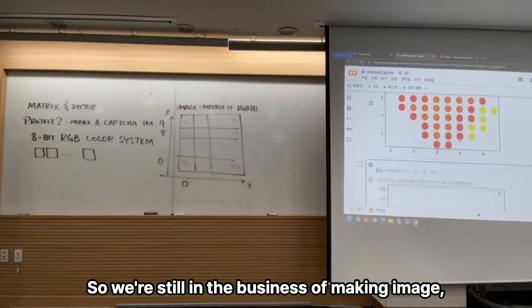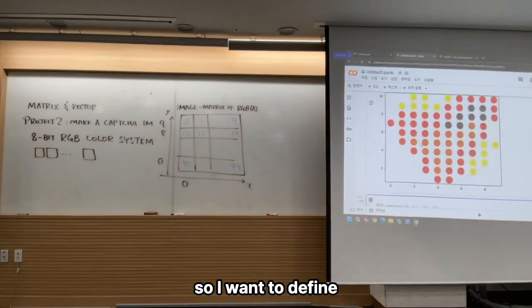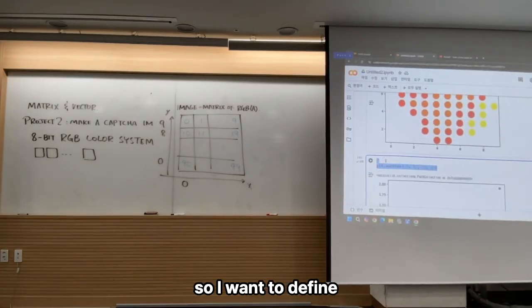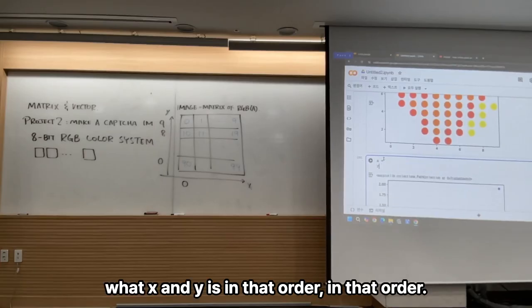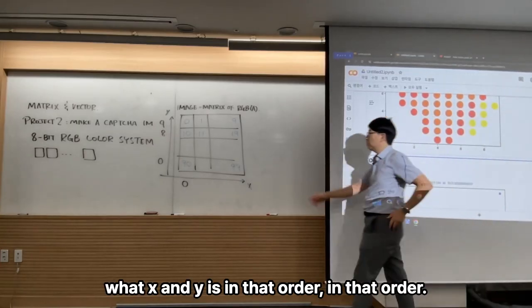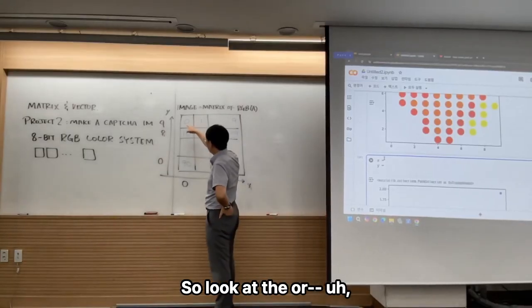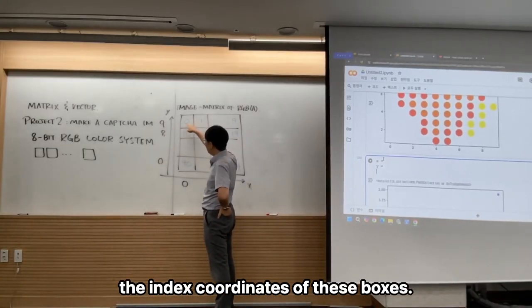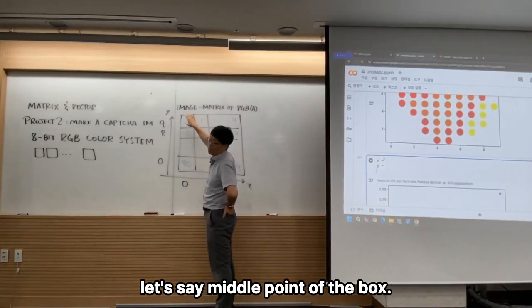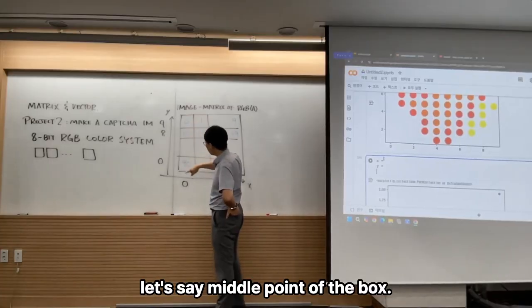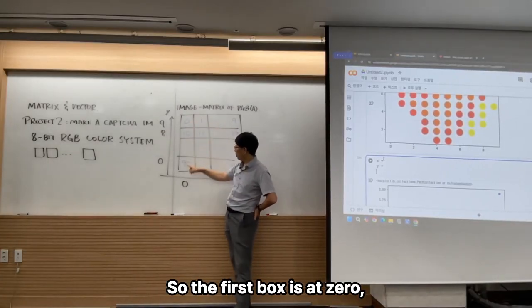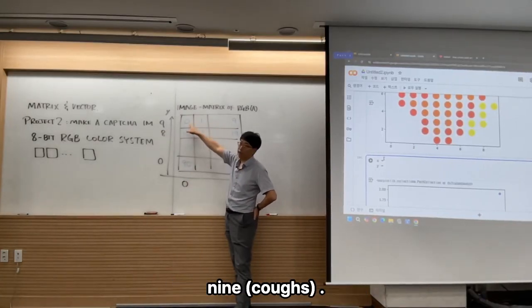So we're still in the business of making the image. I want to define what x and y are in that order. Look at the index coordinates of these boxes, let's say the middle point of each box. The first box is at 0, 9.